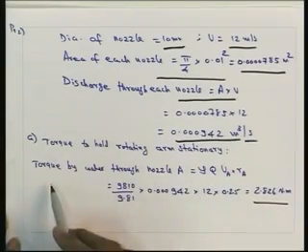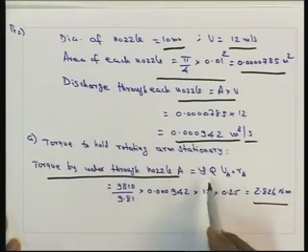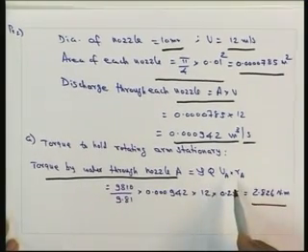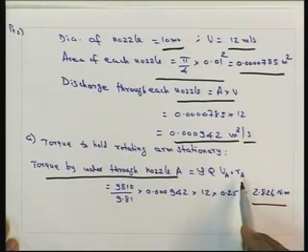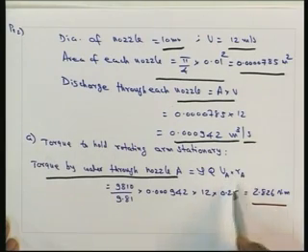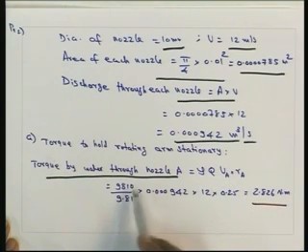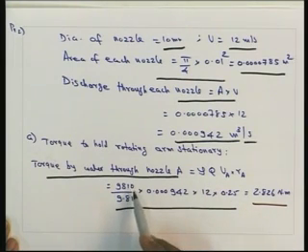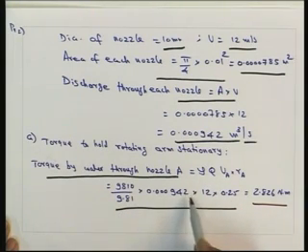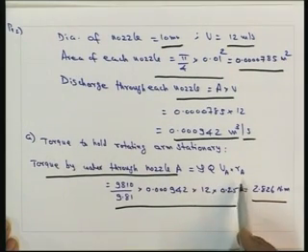So, the torque by water through the nozzle A, we can write as rho Q into V A into R A, where rho is the mass density, Q is the discharge coming through the system, V A is the velocity at A, and R A is the distance from the axis to the nozzle at A. So, here rho is 9810 by 9.81, and Q is also found, multiplied by the velocity V A, 12, into the distance.